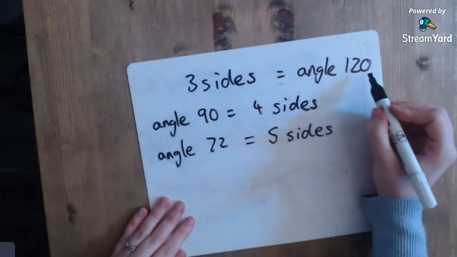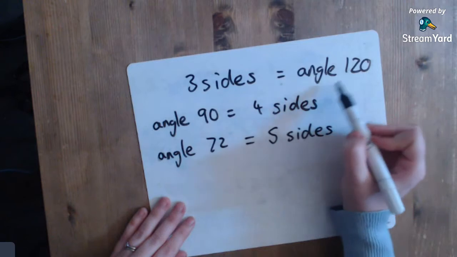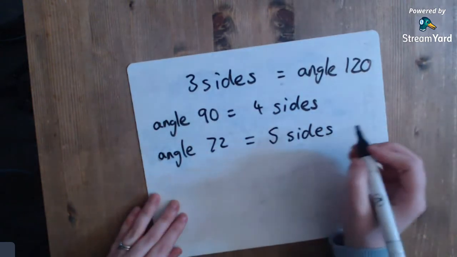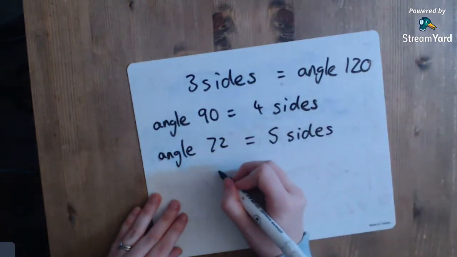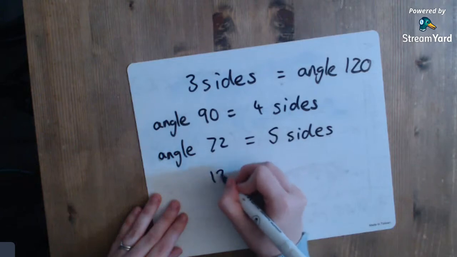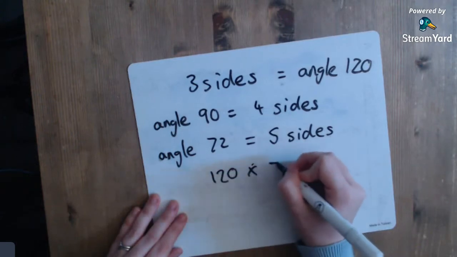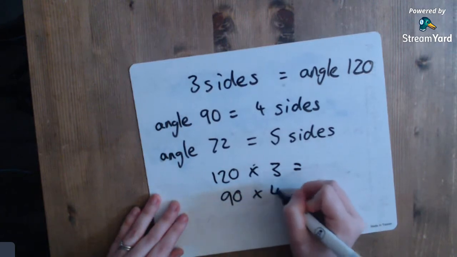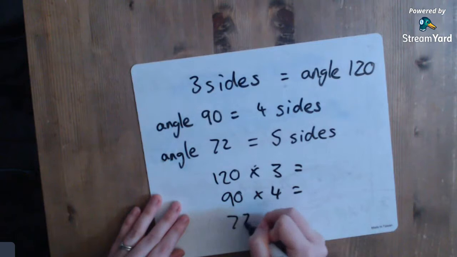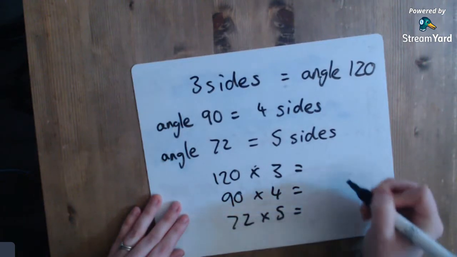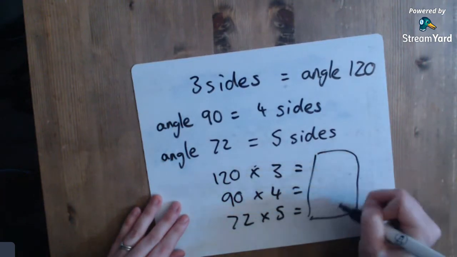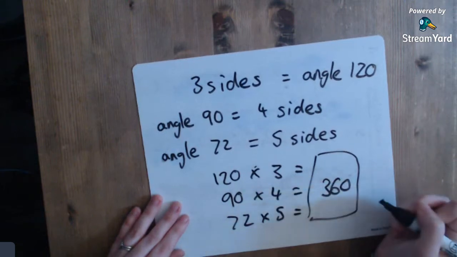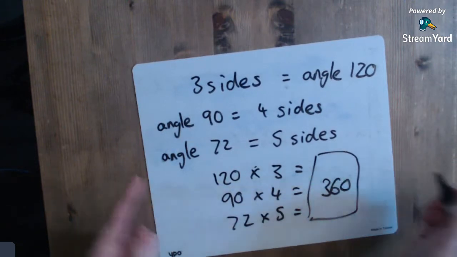If there are 120 angles in 3 sides, 120 times 3, what does that give us? 90 times 4? 72 times 5? All of them come to 360. And then you can work that out the other way.